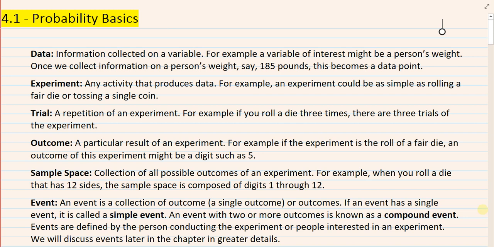So for example, when I look at a page, suppose I define an event to be to observe an odd number on the page of a book. If I define event E to be to observe page number 57, that would be a simple event because there's only one page, page 57.